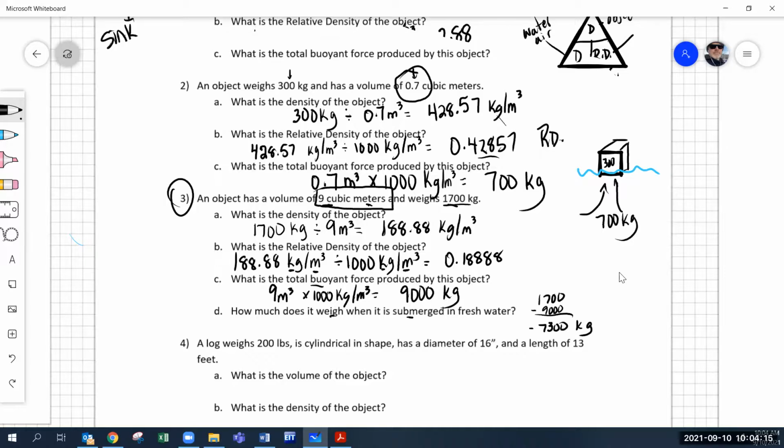It means it weighs nothing when it's submerged in fresh water. It weighs 0 because you come up with a negative number here. But if I wanted to submerge it underwater, I have to put a pressure on top of it or a mass on top of it of 7,300 kilograms to get that thing to go under the water.